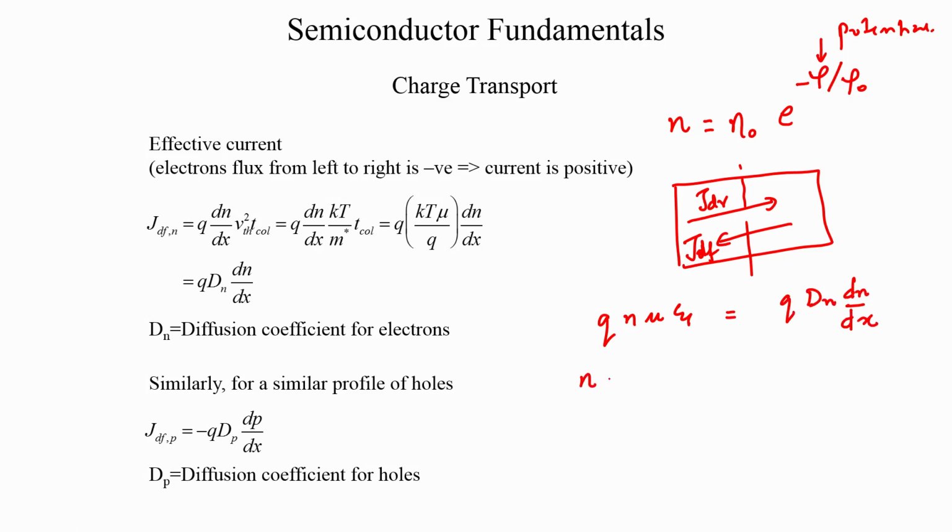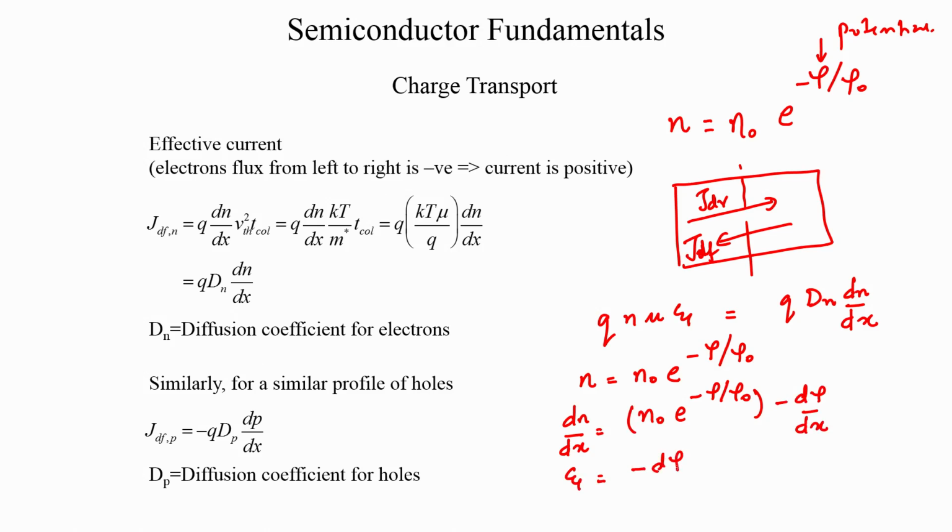Now, if n follows a Boltzmann's relation, say n is equal to some n naught e to the power minus phi by, instead of thermal voltage we will just call it some phi naught, which is a constant, your dn by dx is equal to n naught e to the power minus phi by phi naught, alright, into minus d phi by dx, and your electric field is equal to minus d phi by dx.